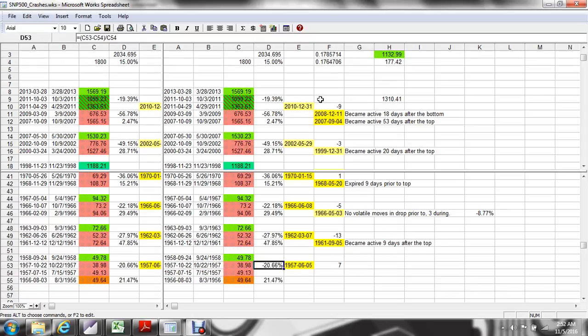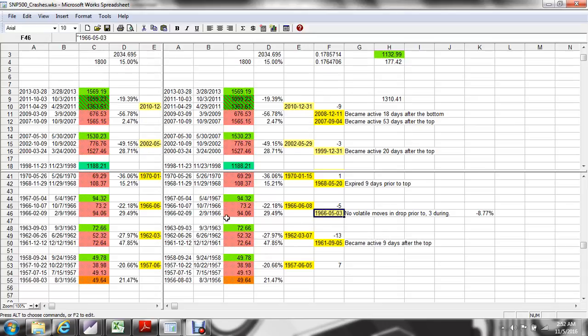Now these yellows here show these 90-day indicators, and you'll see that in all but two of them, they appear. This one was during or fairly close to a bottom, so it's marked. This one was fairly close to the bottom, but it wasn't. It was months away. These are pretty close. That became active 9 days after the market top.